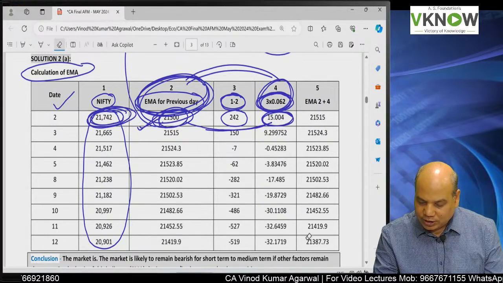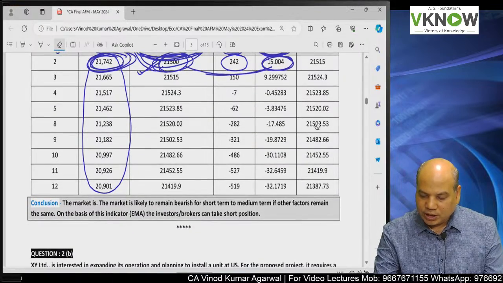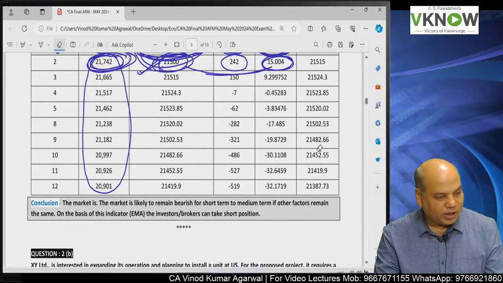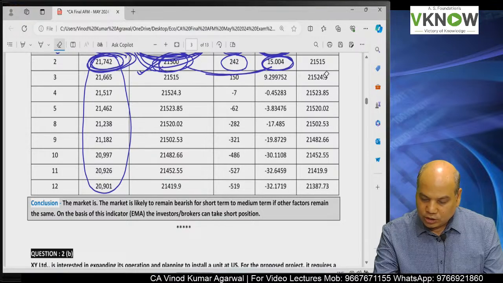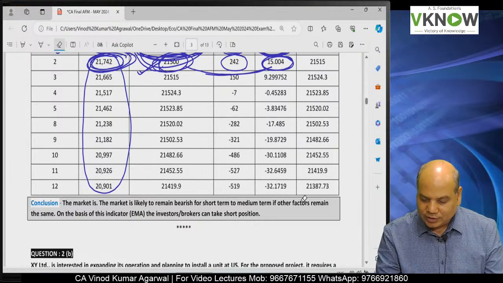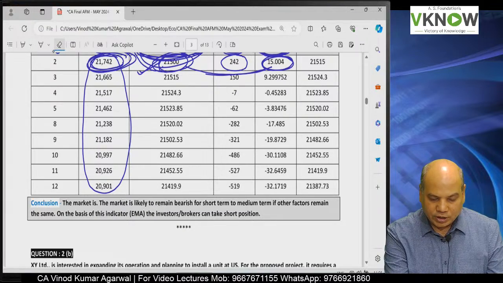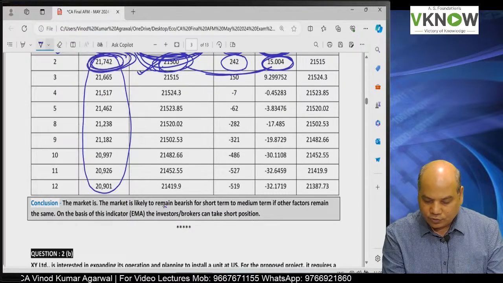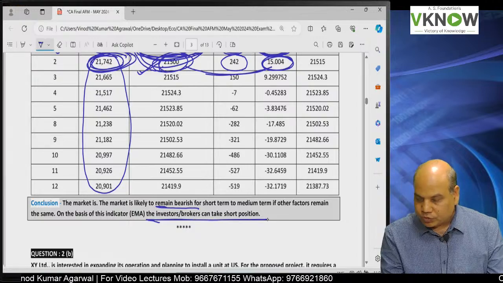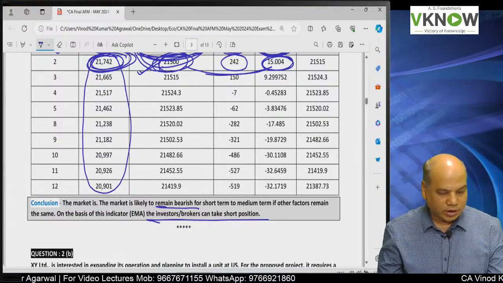Based on the limited data given to us, we can interpret that the market is turning bearish, because only on the second day there was an increase, but after that there is a continuous decrease. So the trend is a bearish trend, and therefore the answer is the investor or the broker can take a short position.